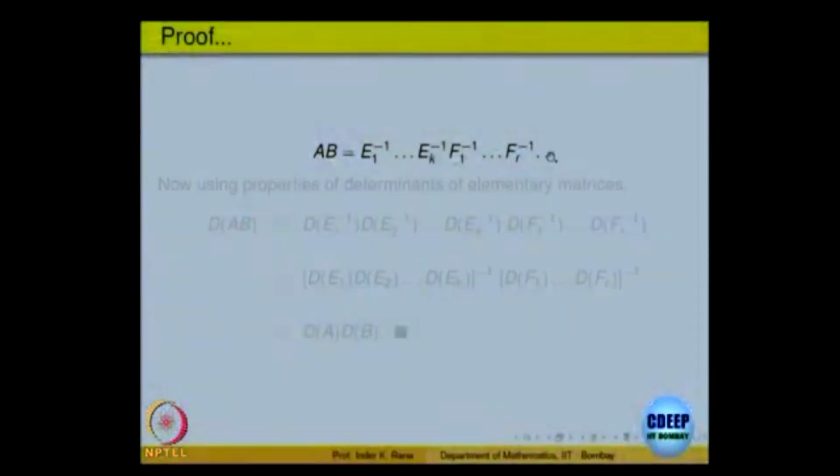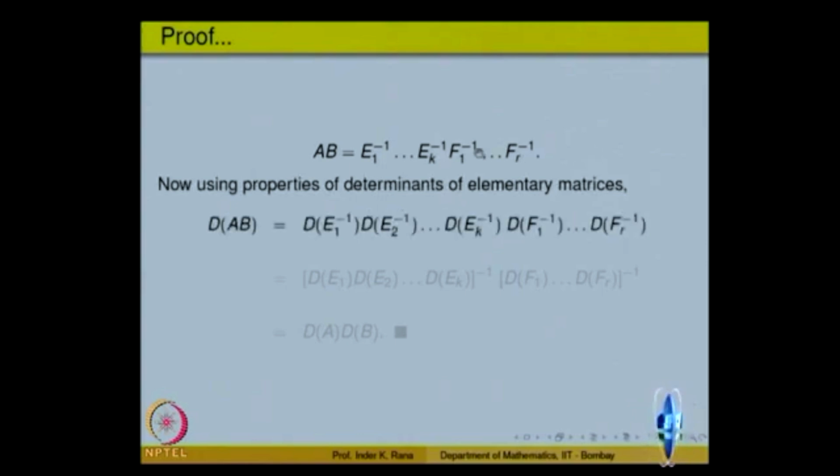So these are all elementary. So the determinant of the right hand side, using the product property for elementary matrices, is the product of the determinant of E1 inverse, the determinant of E2 inverse, and so on. Is that clear to everybody?